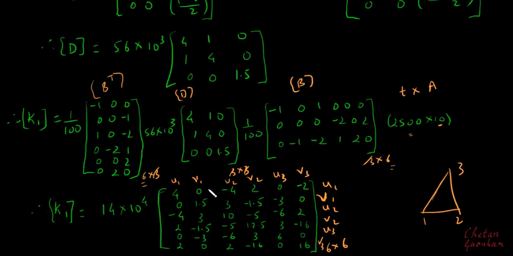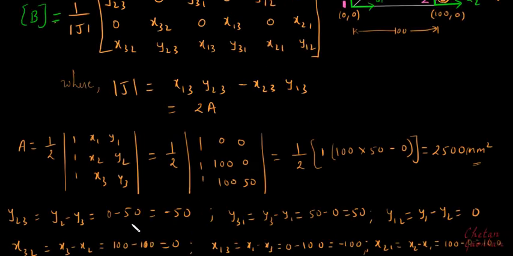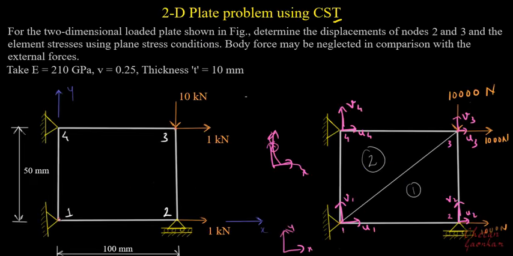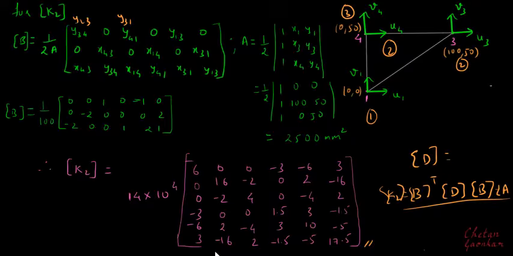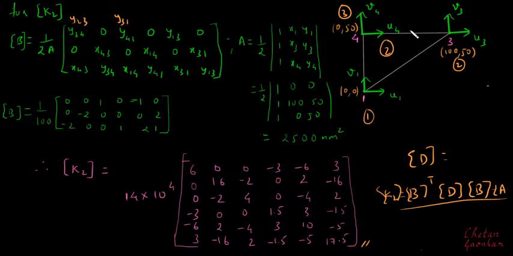And then this matrix which we have derived now for the second element, the node numbers for the second element are 1, 3 and 4. So this term will correspond to u1 v1, this term will correspond to u3 v3 now, right?